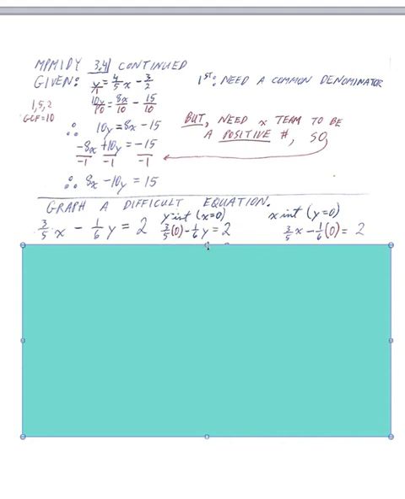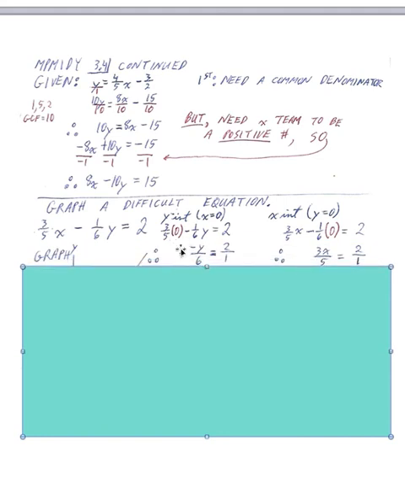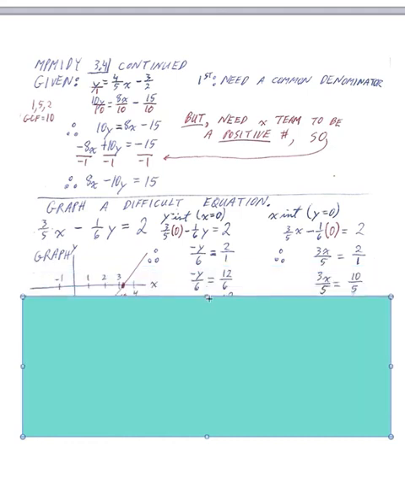Plug it in. Now the advantage of plugging in at 0 is that the 3/5 gets lost, right? Because 3/5 times 0, gone. So that leaves me now with negative 1 over negative 1/6 times y equals 2. Next, I need a common denominator of 6 in this case. So this is what we've got.